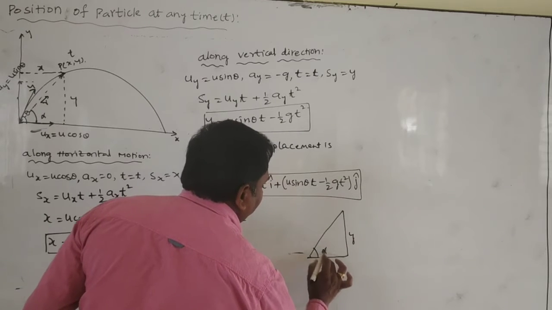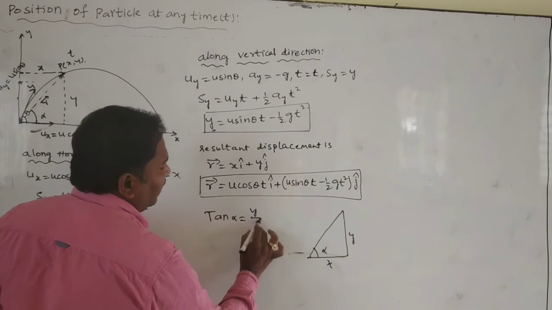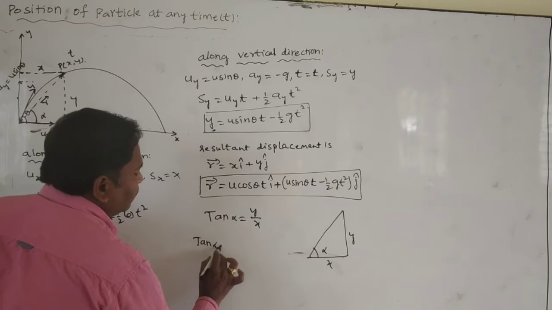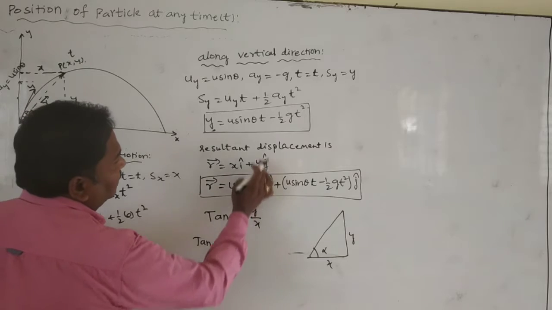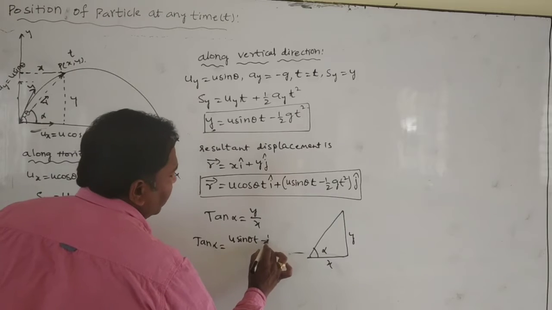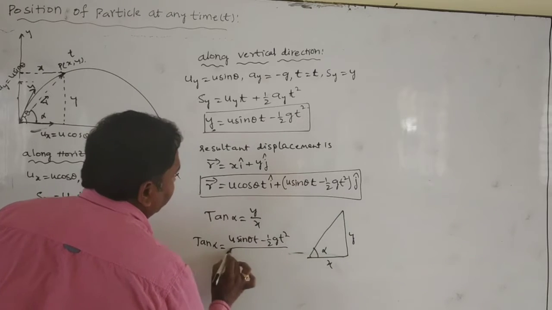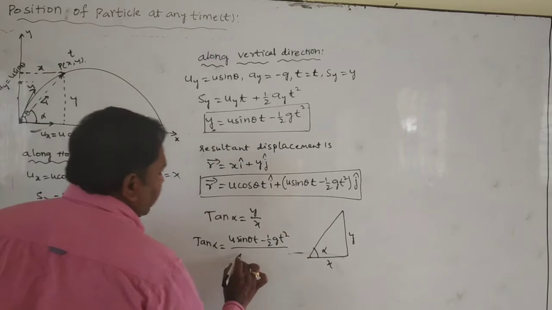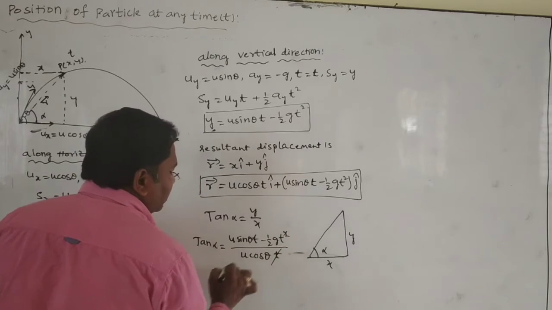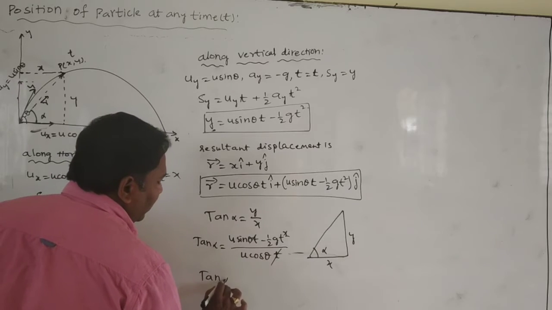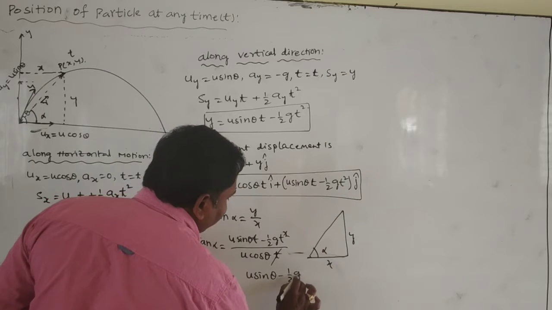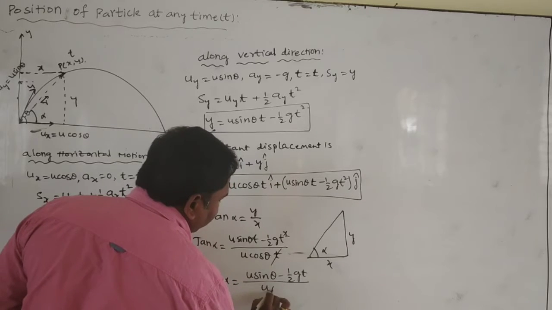So tan alpha equals u sin theta into t minus half g t square divided by u cos theta into t. T square cancels, so tan alpha equals u sin theta minus half g t, divided by u cos theta.